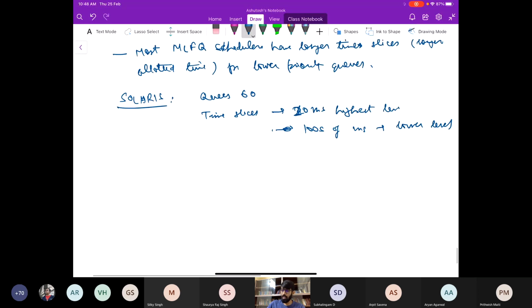If you see in the book, there is a diagram which shows how longer and longer time slices are given as you come down. That is helpful because these are CPU bound processes, so they should be given more CPU time.